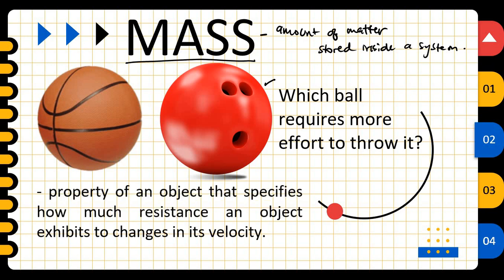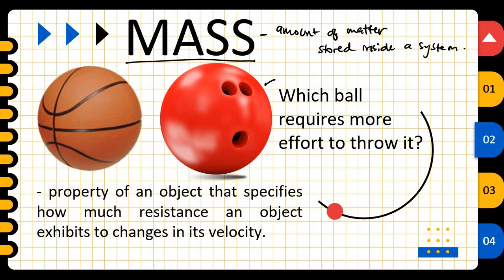Therefore, mass in physics is a property of an object that specifies how much resistance an object exhibits to changes in its velocity. So it's quite obvious that it would be hard for us to change the motion of a more massive object. If it's not moving and you want to make it move, it would require more effort than if the object is less in mass.